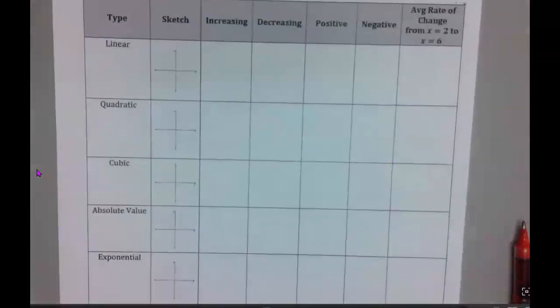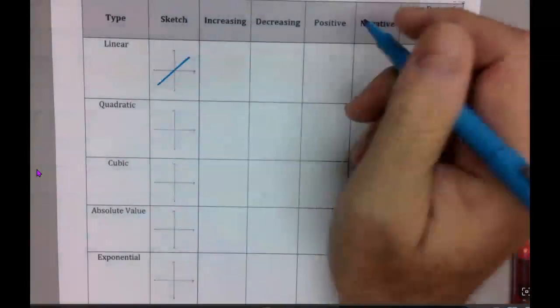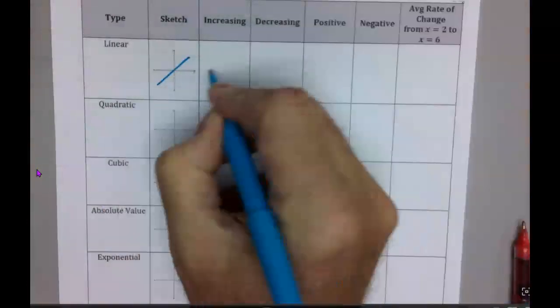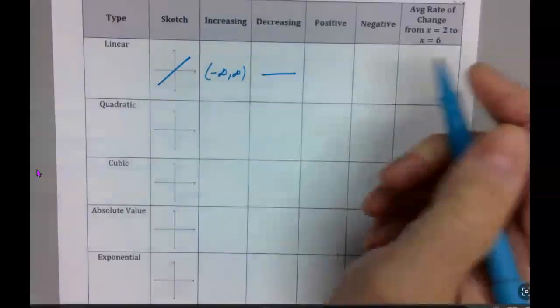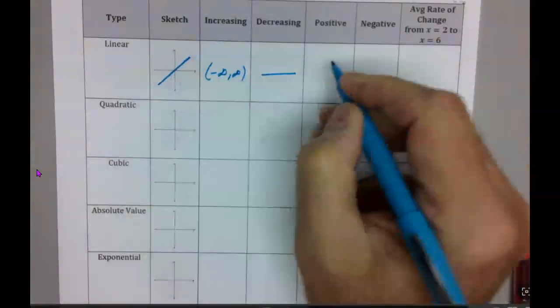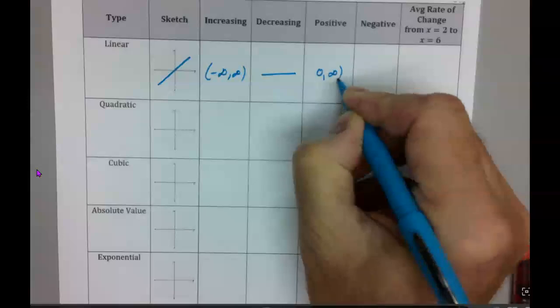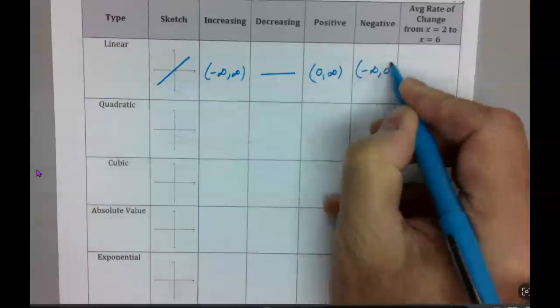So, of course, a linear looks like this, correct? So it's increasing the whole thing from left to right. So it's negative infinity to infinity. It's never decreasing. It's positive from 0 to infinity. And it's negative from negative infinity to 0.